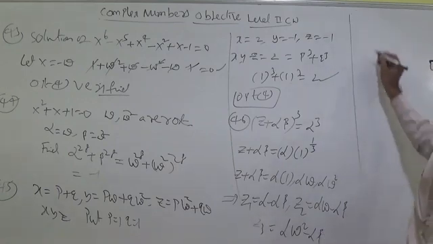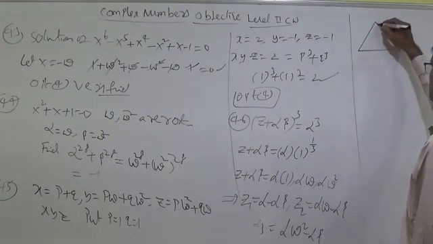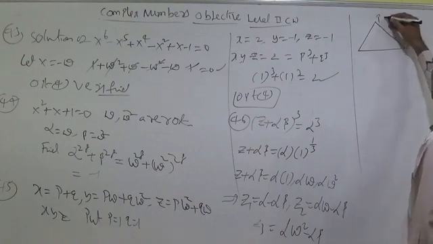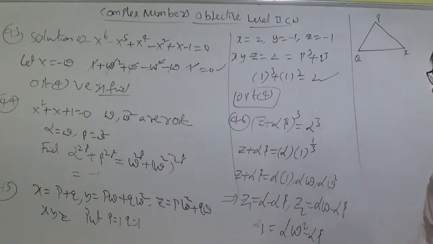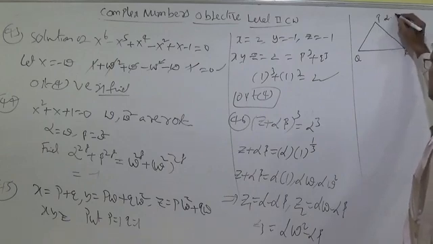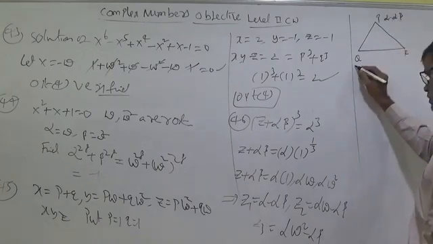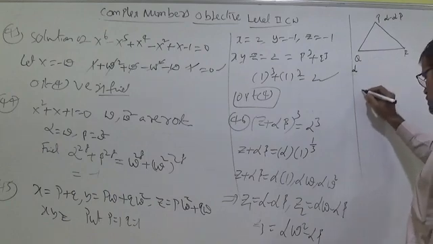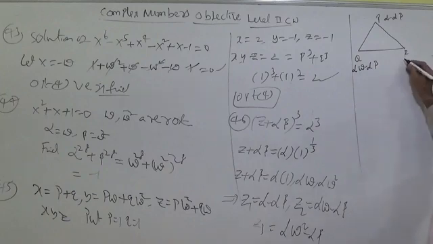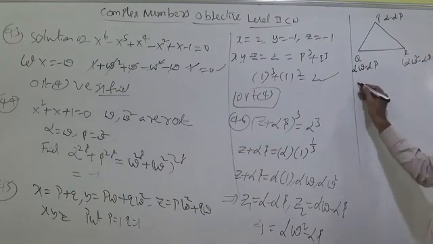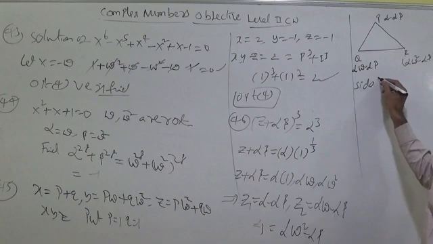Draw a triangle like this: P, Q, R. So P is alpha minus alpha beta, next Q is alpha omega minus alpha beta, next R is alpha omega square minus alpha beta. He is asking for the side length.